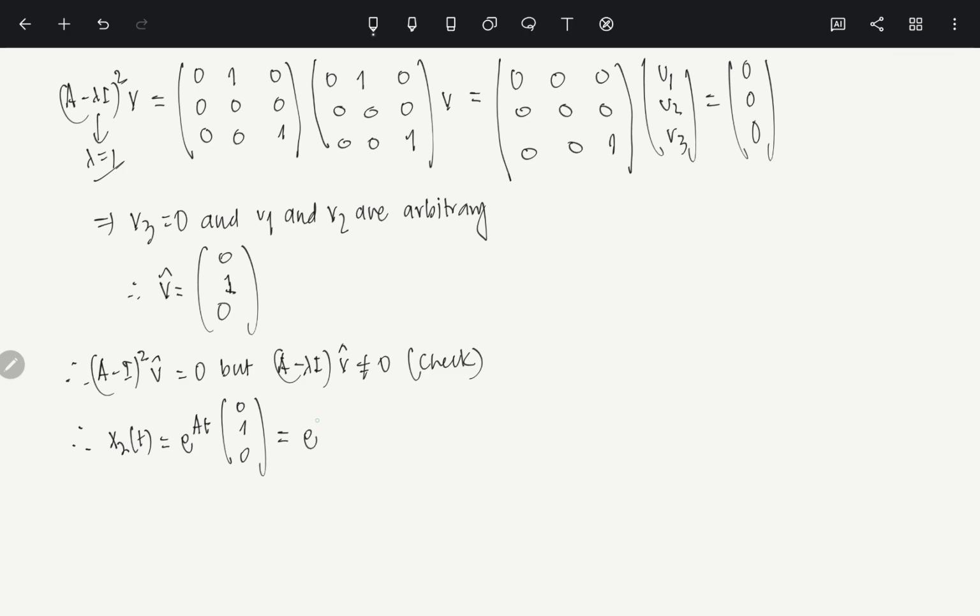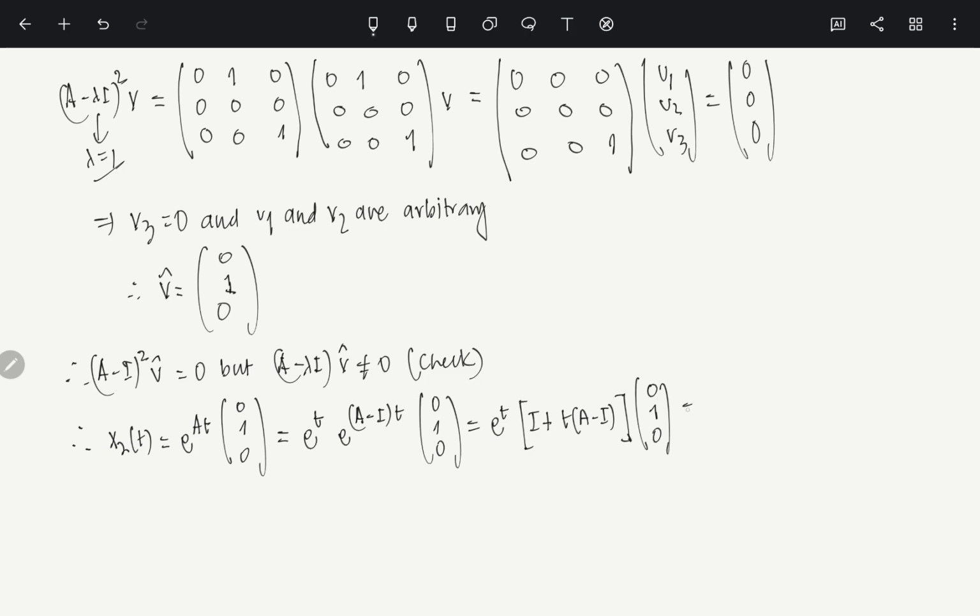Now, if you have to do it this way, it is e to the power lambda t. Lambda is 1 here, so it is e to the power t. And then we can write it as e to the power (A minus I) times t. You remember, we can just break it up, and then I have this vector 0, 1, 0. So if you write it properly, it is e to the power t, and then identity plus t times (A minus I), and then our vector 0, 1, 0.